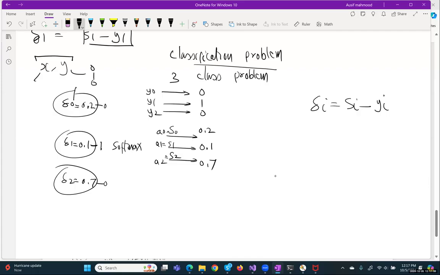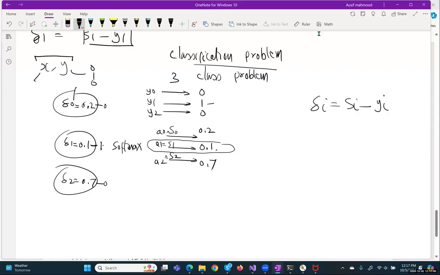So in other words, a simple way to understand it is whichever class is the target, we are going to subtract 1 from it. So 1 was subtracted because the target is 1. It doesn't matter what actual output it produced. For the others, we leave it as is because subtracting from 0 doesn't do anything.